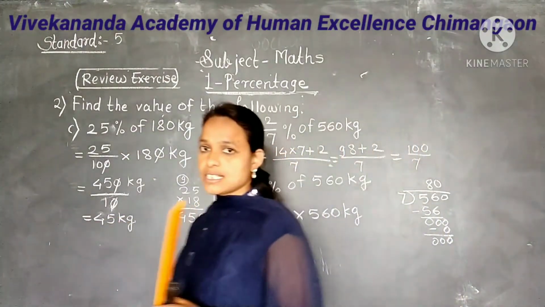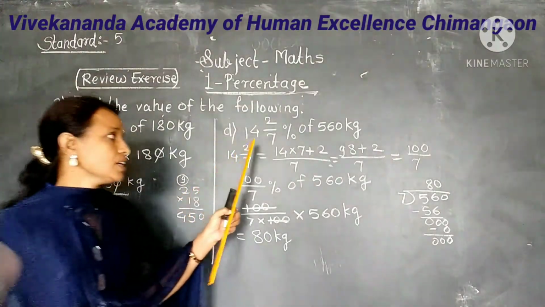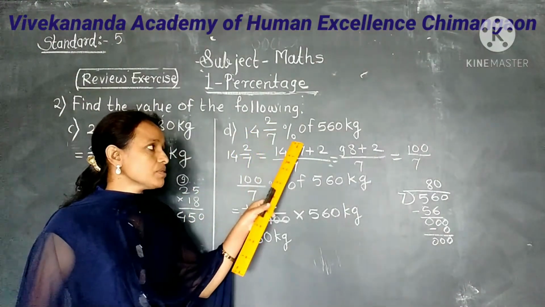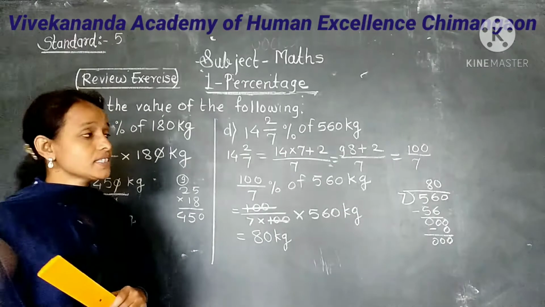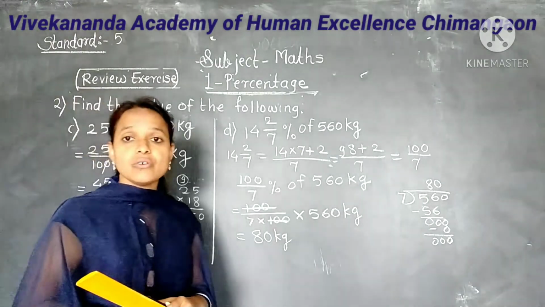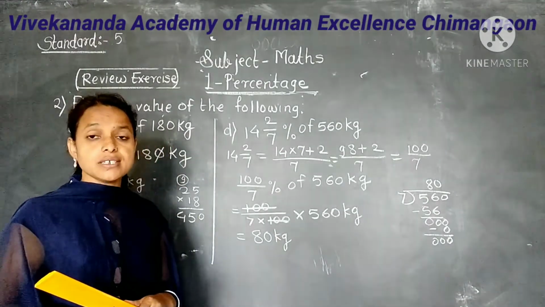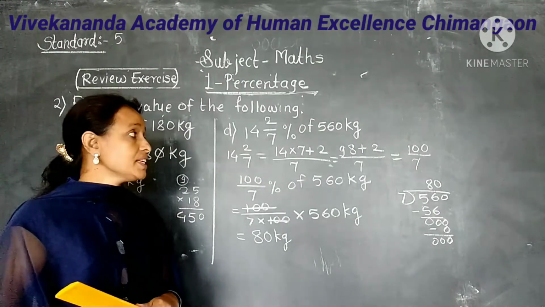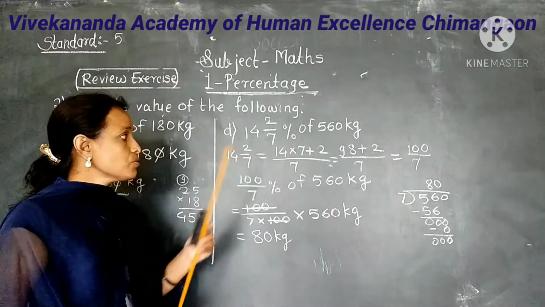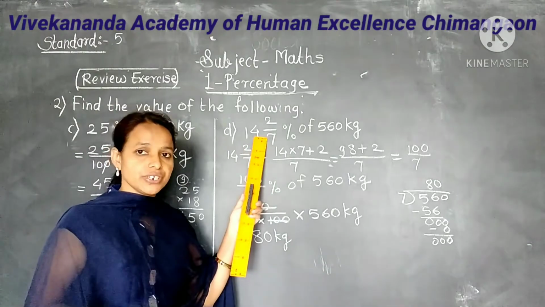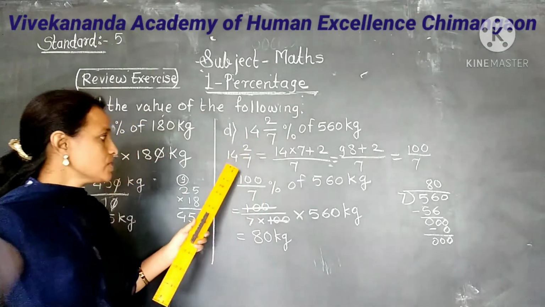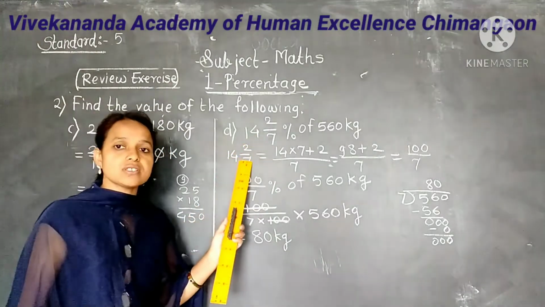Now see next example. Example D. 14 2 upon 7% of 560 kilogram. Now 14 2 upon 7 is a mixed fraction and it is in percentage. So first we want to convert this mixed fraction into improper fraction. So see student here 14 2 upon 7.